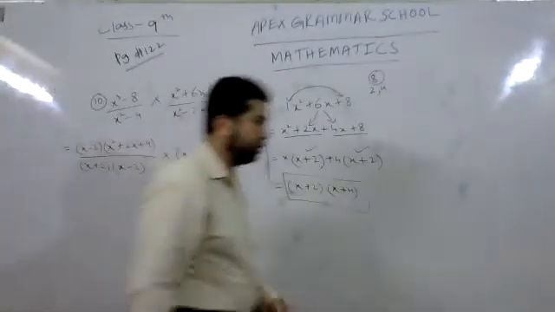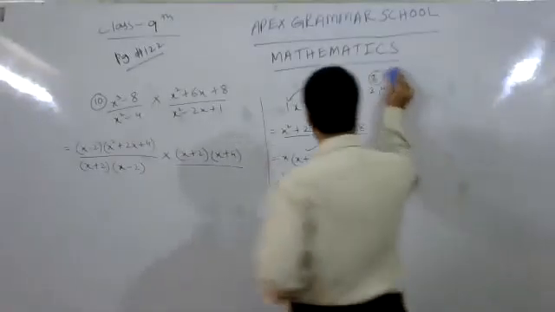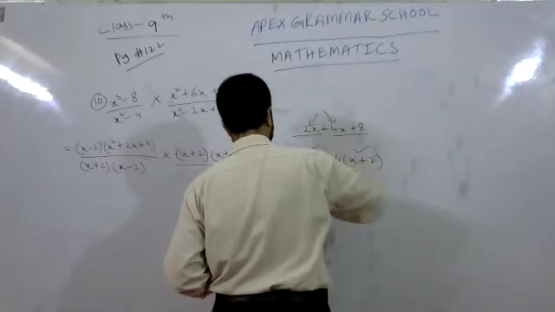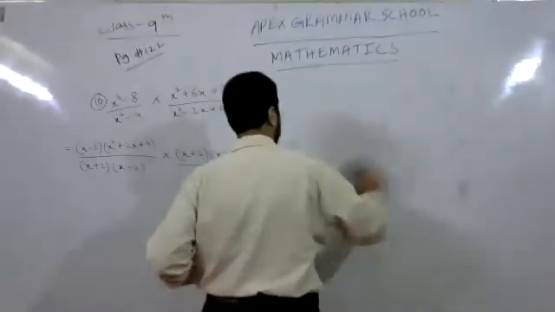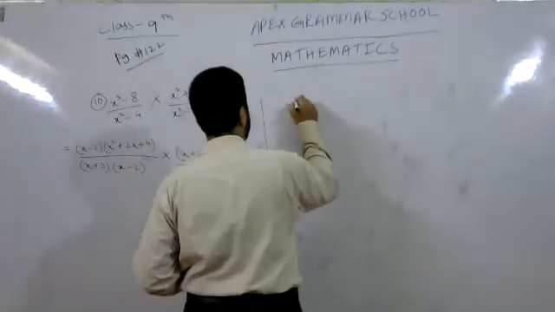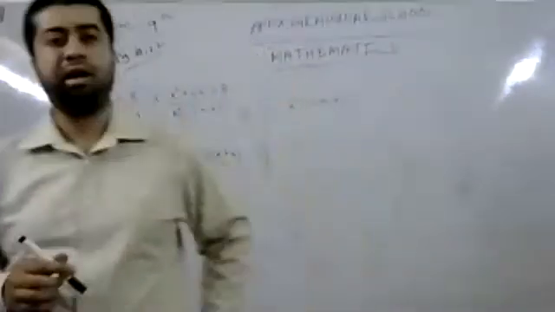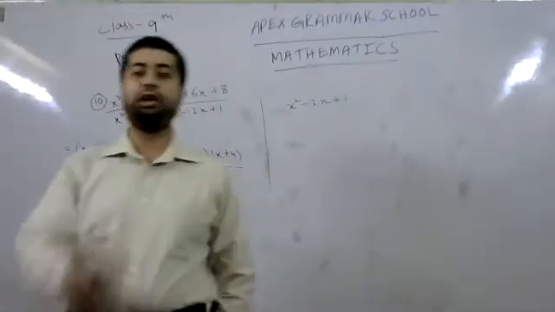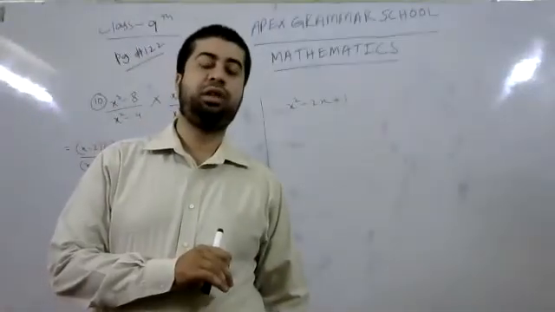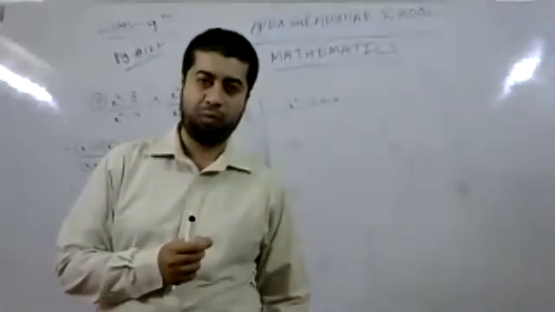Now, what is this? x square minus 2x plus 1. This is x square minus 2x plus 1. Now recall in your mind, I have already told you that before factorization, you need to confirm whether it is some type of formula or not.